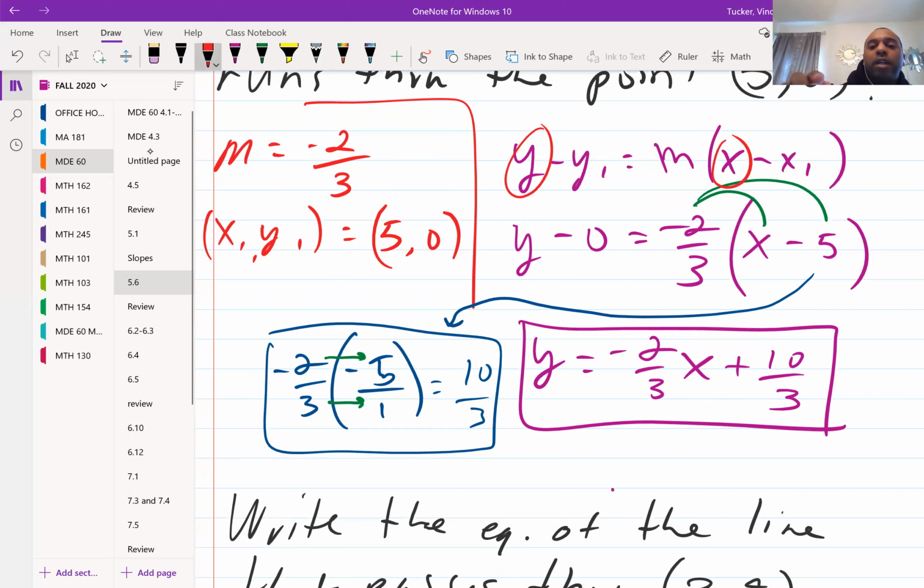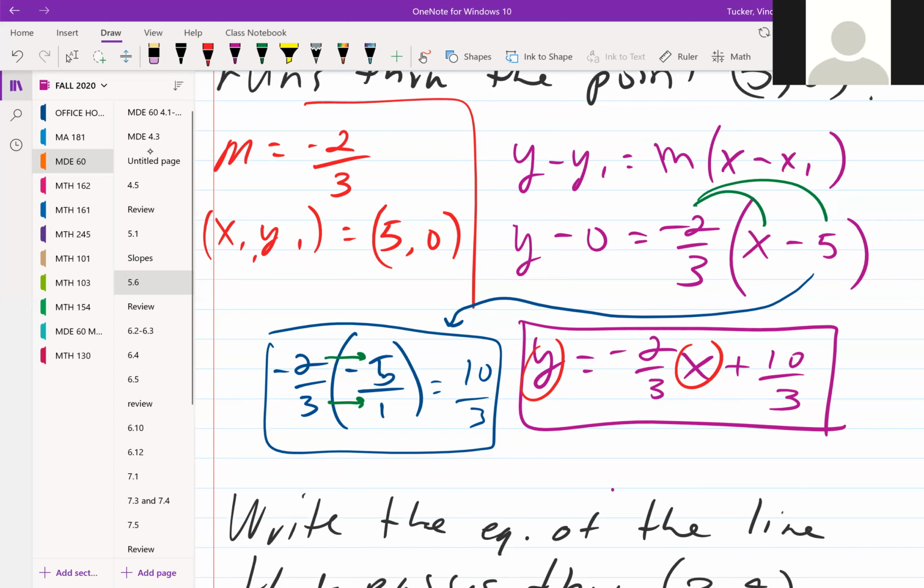It's just that y1, m, and x1 are what disappear because we're plugging in numbers for them. But y and x stay as part of your equation, because that's what you're actually looking for in the beginning. Okay.